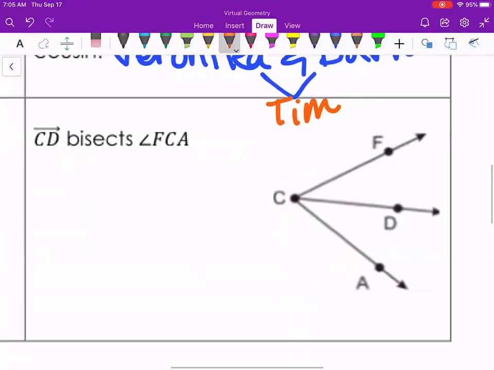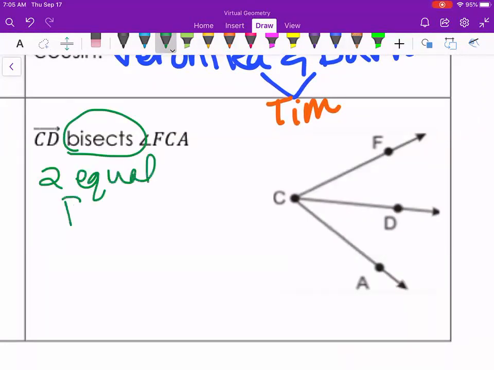So let's see what happens when we bring in geometry here for a second. It says ray CD bisects angle FCA. So here is our vocabulary term that we've talked about, which means make two equal parts. So there's the idea of a definition that I need to know.